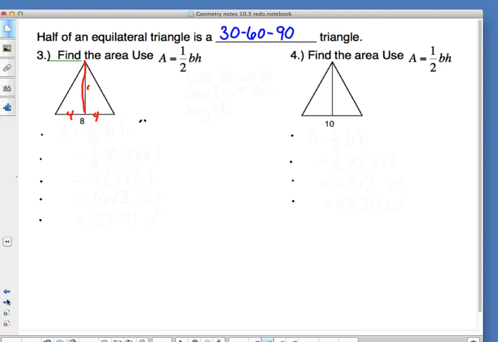My longer side is 4 the square root of 3, which in this case is the height of my altitude, my height and/or altitude of my equilateral triangle. Well, because that's my altitude, 4 the square root of 3, I can totally go 1/2 base times height. My base being 8, the whole length, okay, and 4 the square root of 3 being my height.